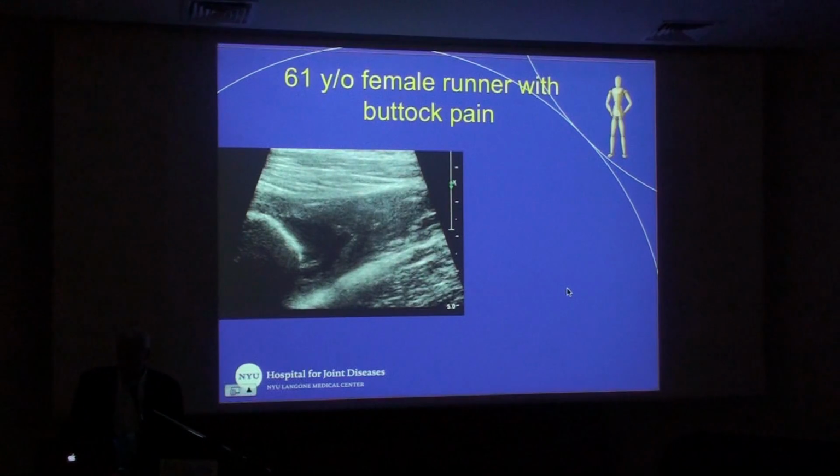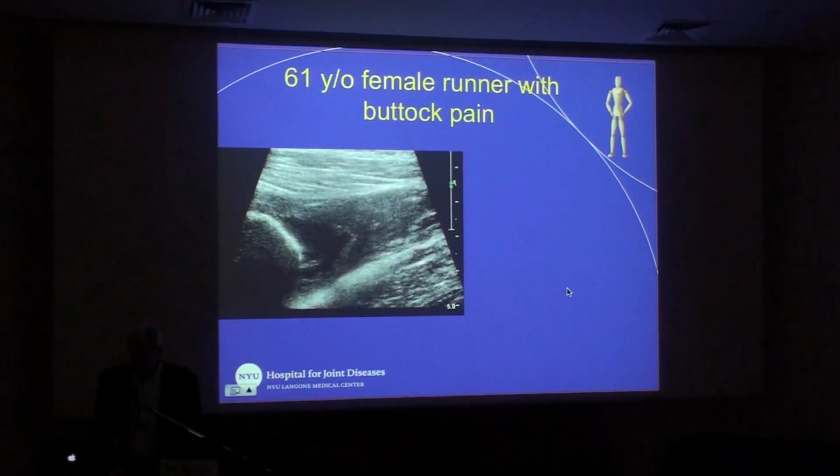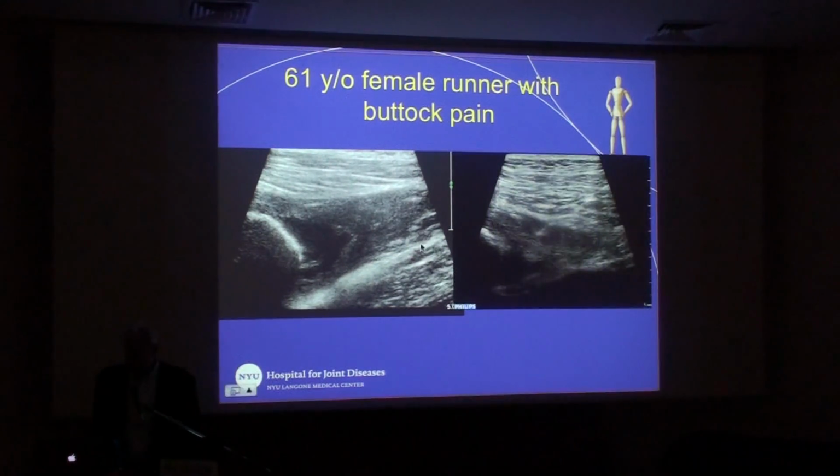So let's see here. Just to give you an example, one of the good applications is hamstring tendon origin. This is a 61-year-old female runner with buttock pain. This is her common hamstring origin. She has a large tear over here. Let's see if this works. It should work, it's a Mac, right? No, I guess it doesn't want to work.